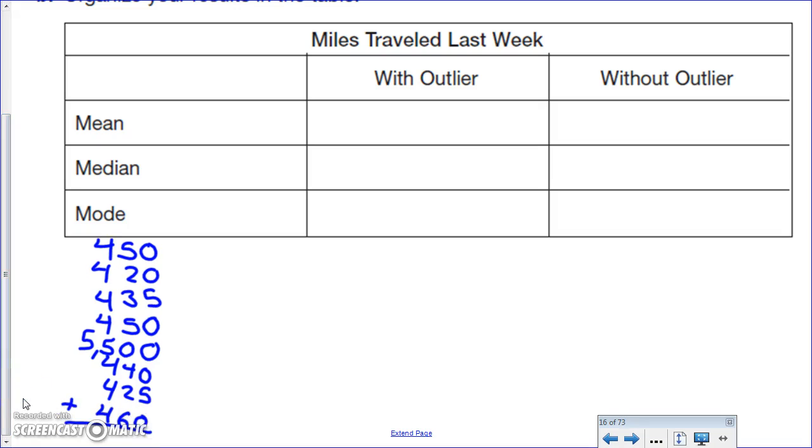So as we add here in our 1 column, 5 plus 5 is 10, so we put the 0 down, carry the 1. 1 plus 5 is 6, plus 2 is 8, plus 3 is 11, plus 5 is 16, plus 4 is 20, plus 2 is 22, plus 6 is 28.